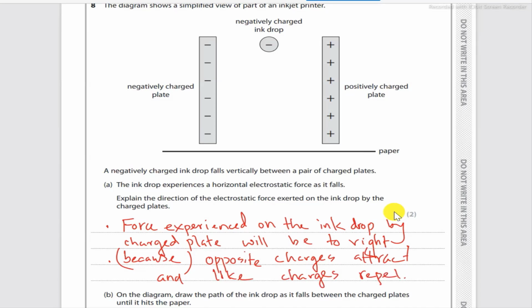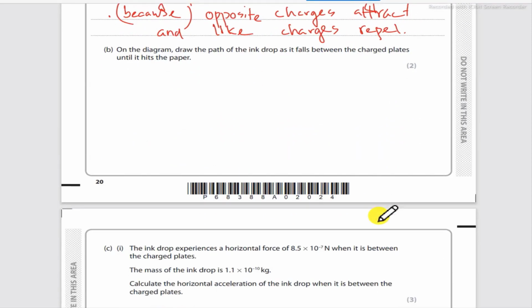So this negatively charged plate repels the negatively charged ink droplet. On the other hand, positively charged plate attracts negatively charged ink drop. On the diagram, draw the path of the ink drop as it falls between the charge plate until it hits the paper.